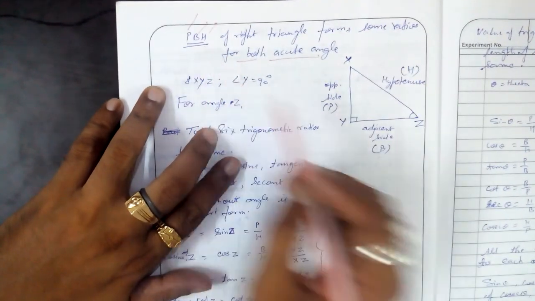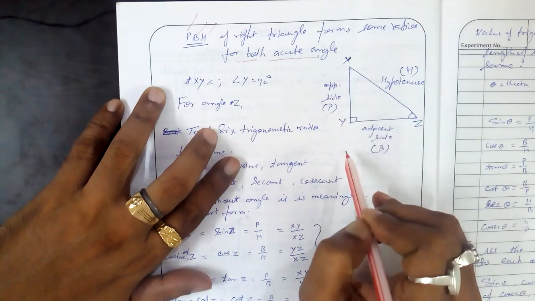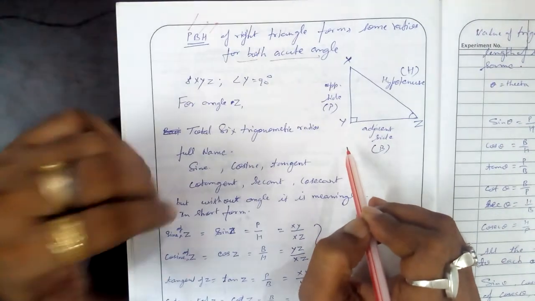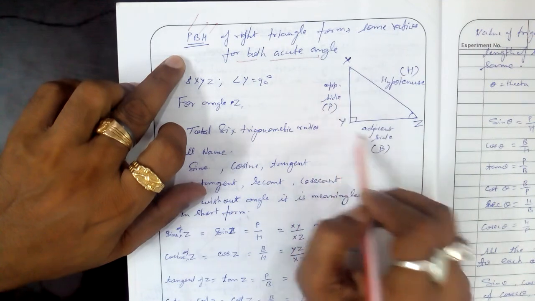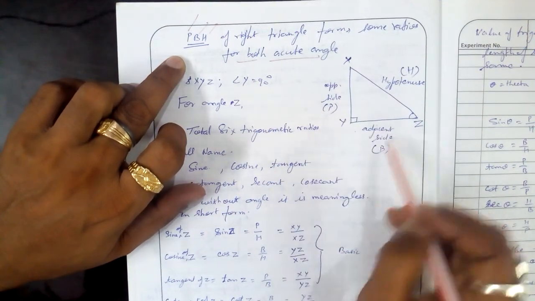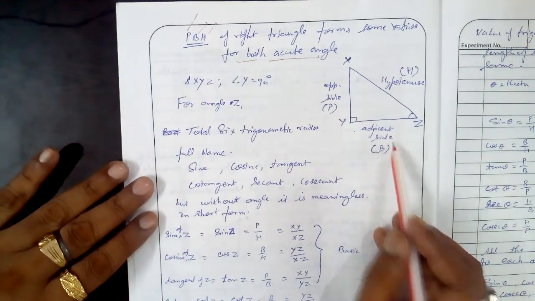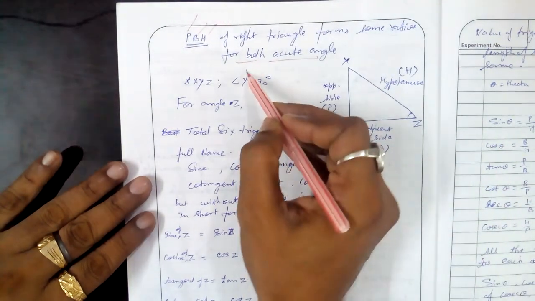In a right triangle, the hypotenuse is always fixed, opposite the 90 degree angle. But P and B are changeable. Take triangle XYZ, where Y is 90 degrees. When you take angle X, then the perpendicular and base switch.